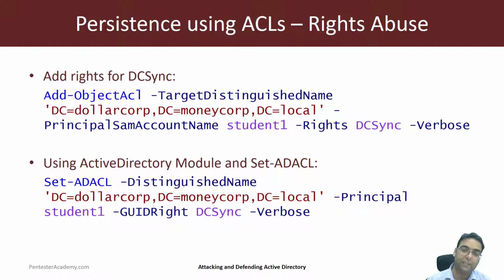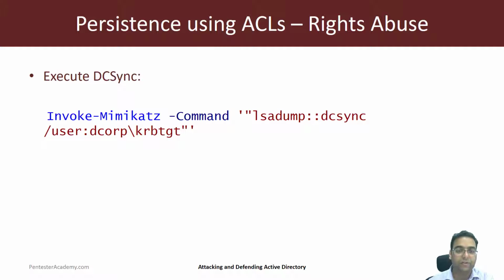There are so many other options. We'll discuss ACLs on other user objects later on when we discuss targeted Kerberoasting, etc. For AdminSDHolder and the domain object root, this was all of it, right?